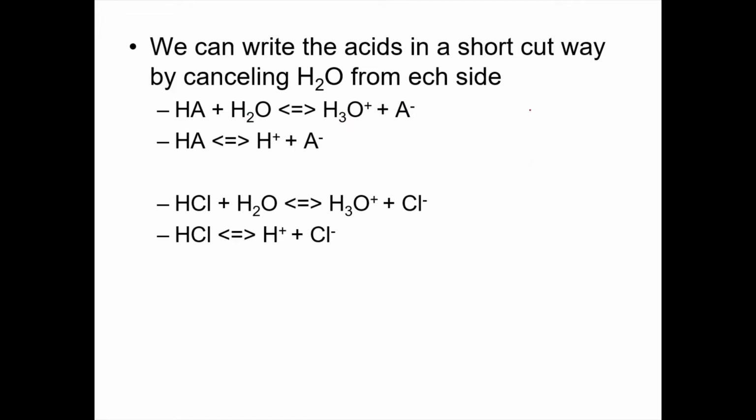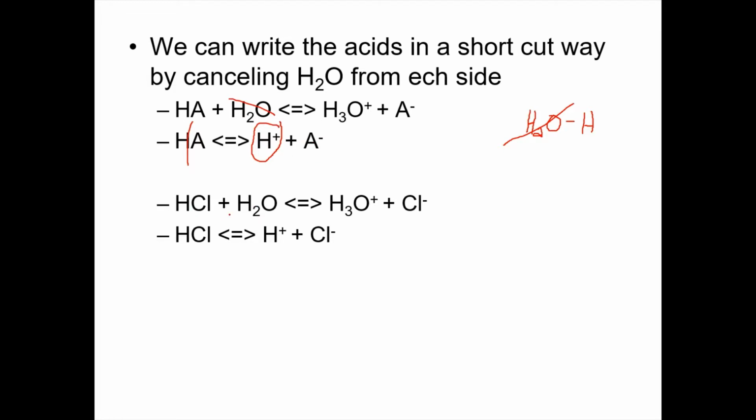If you think of hydronium, once again, as H2O with a hydrogen ion piggybacked onto it, and cancel this water out with the water over here, then what you're left with is just an H plus, which I will write right here. That leaves you with HA breaks up into H plus and A minus. Basically, the H separates from the rest of the molecule, forming H plus and the conjugate base.